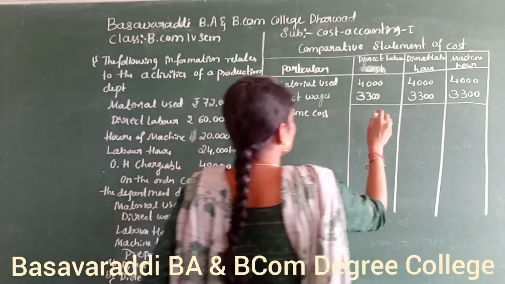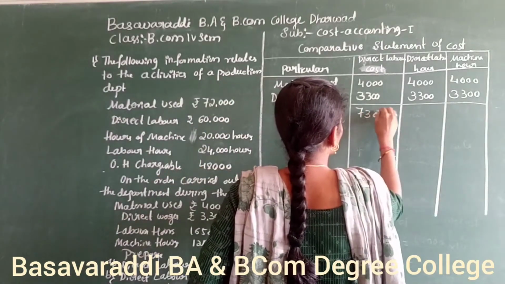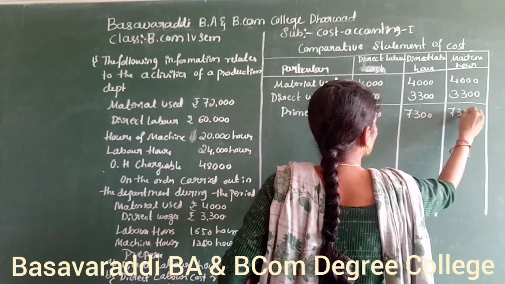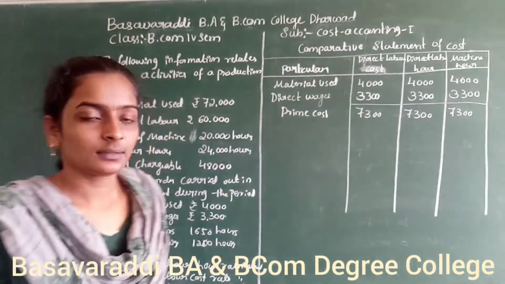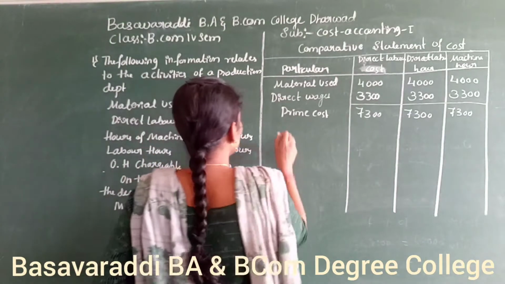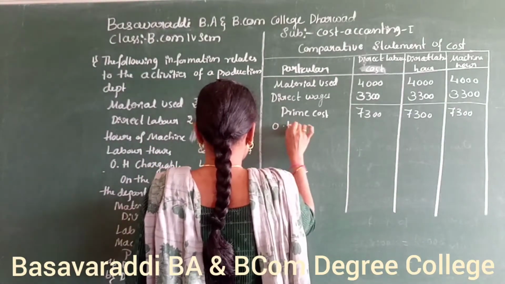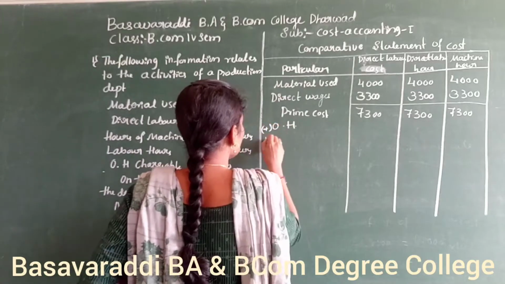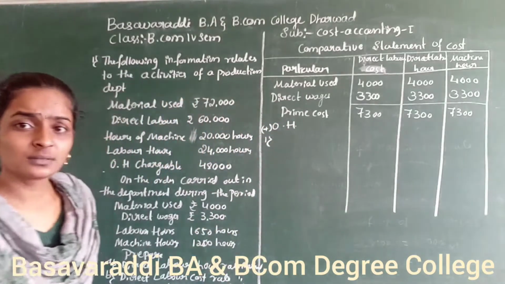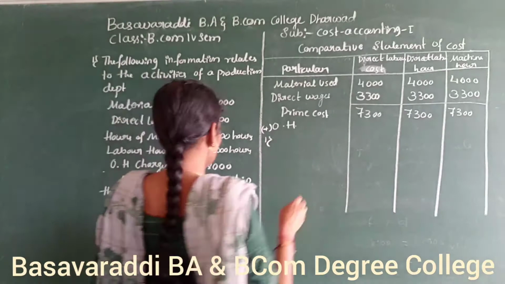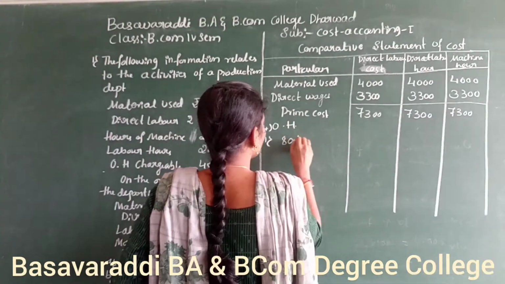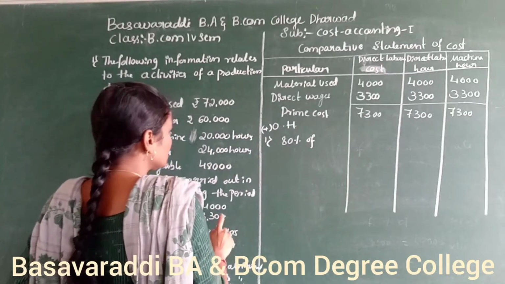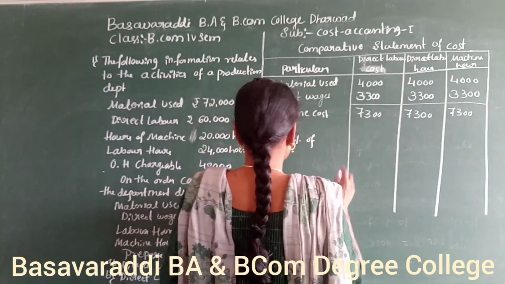Prime cost is 7,300. In that we have to add 80% of 3,300.